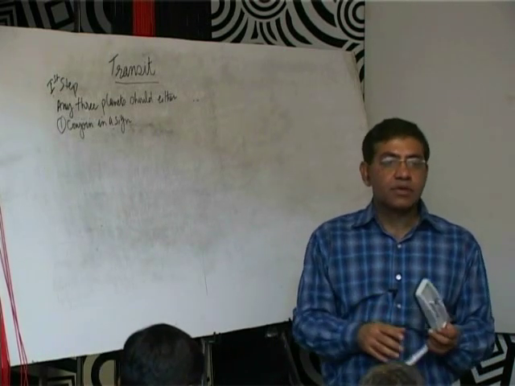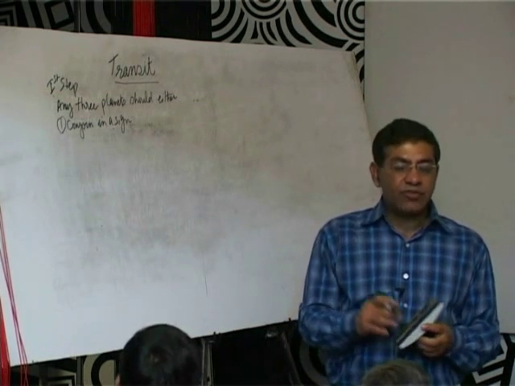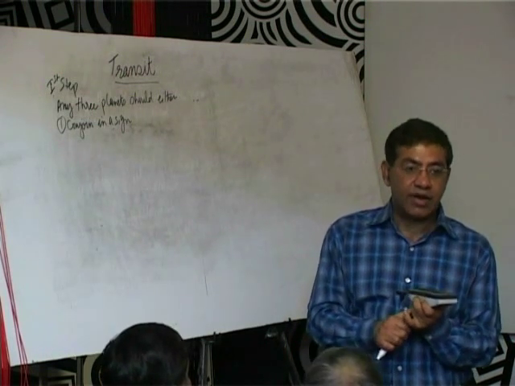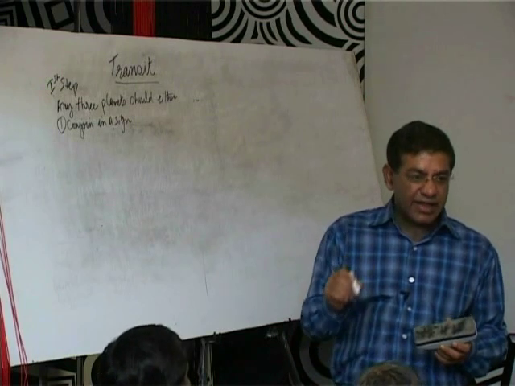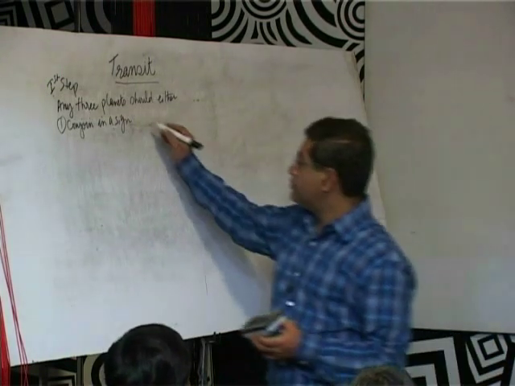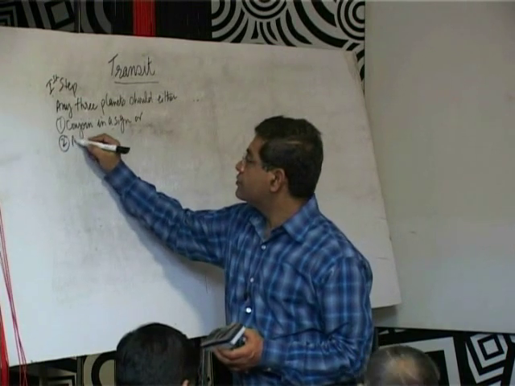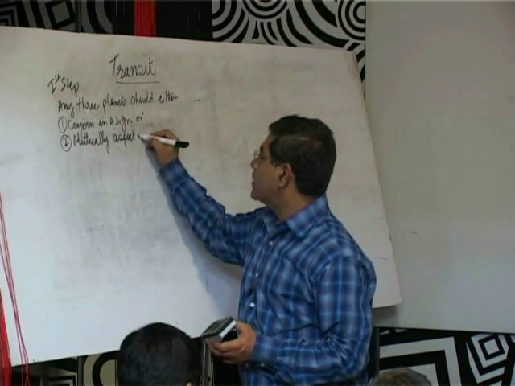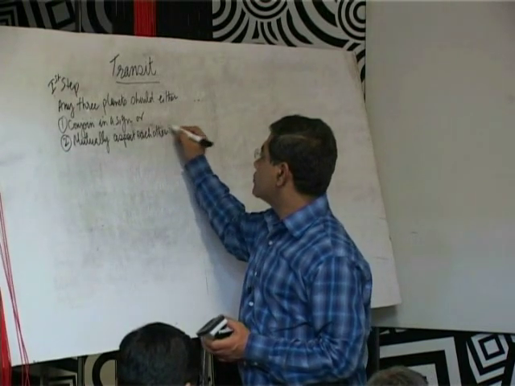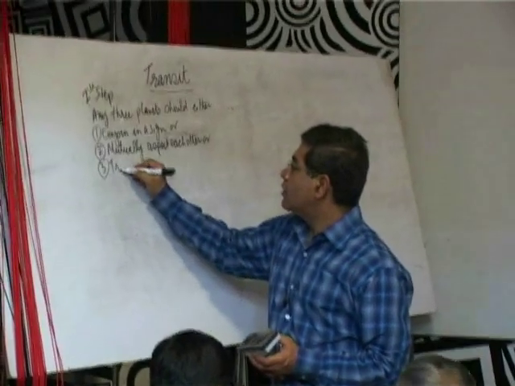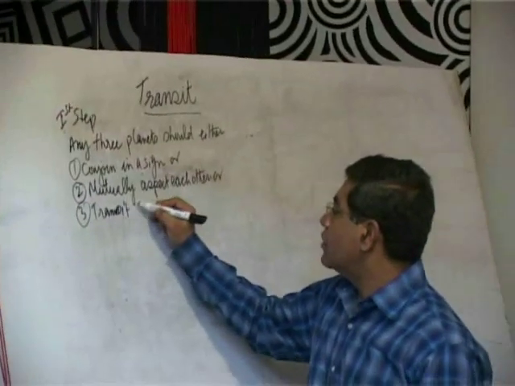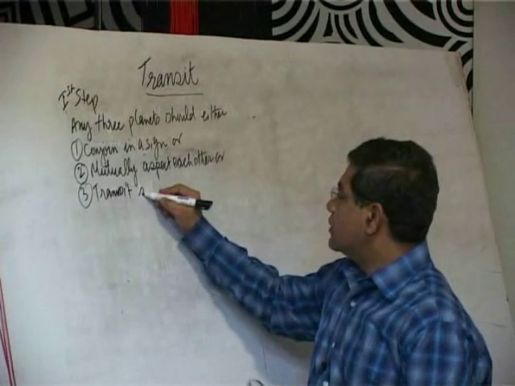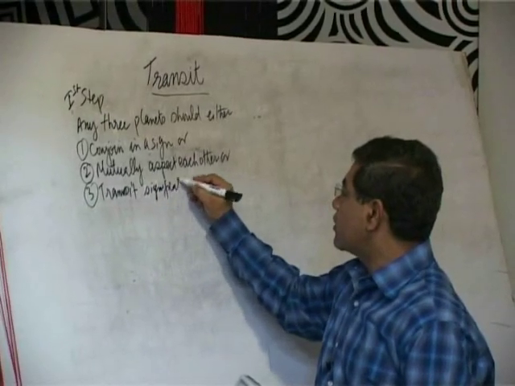I'll explain further also. So if any 3 planets out of those 4 or 5 planets conjoin in a sign while in transit, then the event will happen. Or mutually aspect each other, or transit significator houses.